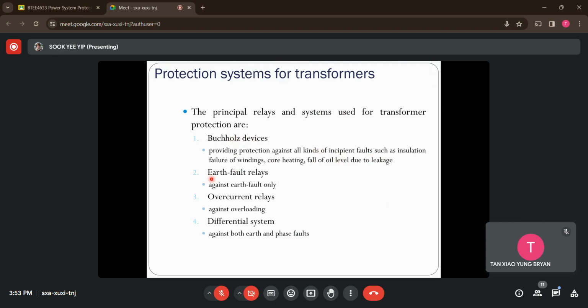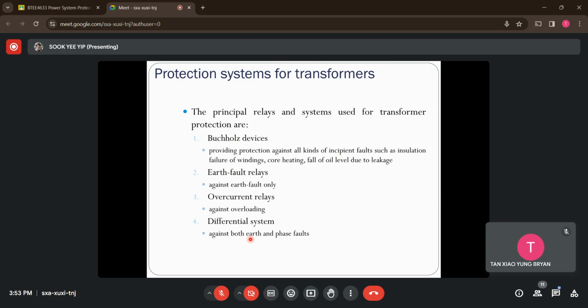The other ones are the earth fault relay, dealing with earth fault situations, and the overcurrent relay, dealing with high current flow because of overloading through the transformer winding. And the last one, which we will talk about in much more detail in this chapter, is the differential scheme, where the differential protection scheme is applied to pick up overcurrent situations, for example phase short circuits to each other or all phases, and even short circuit to ground.